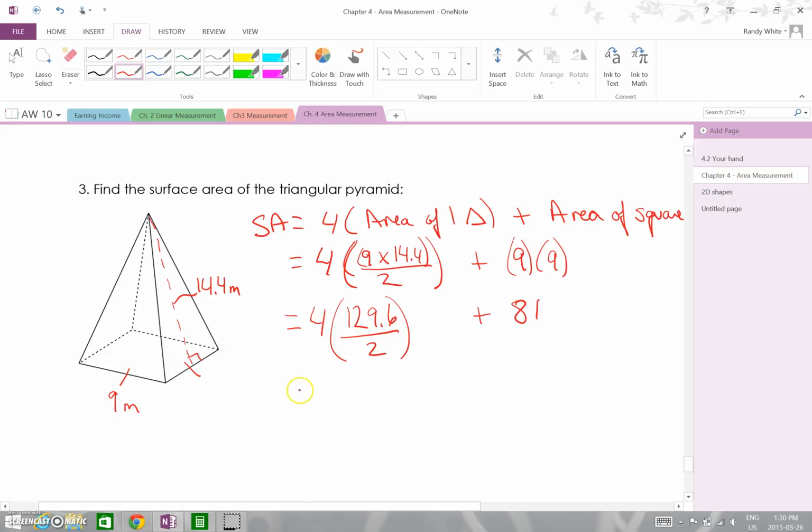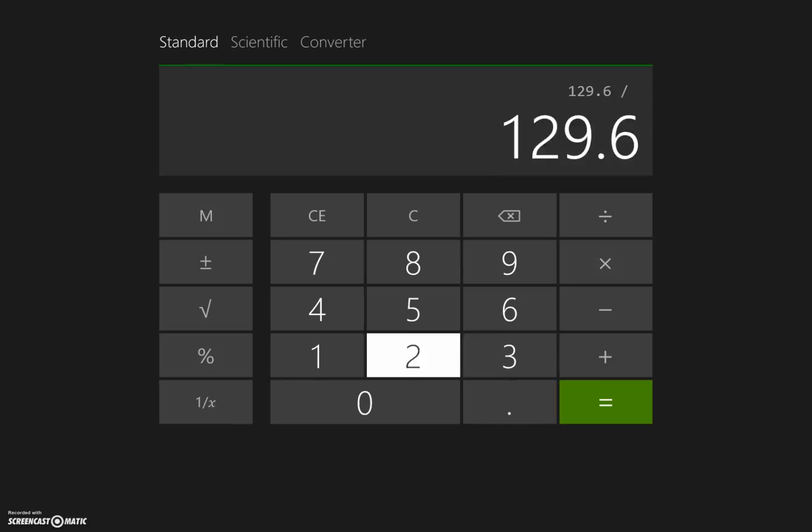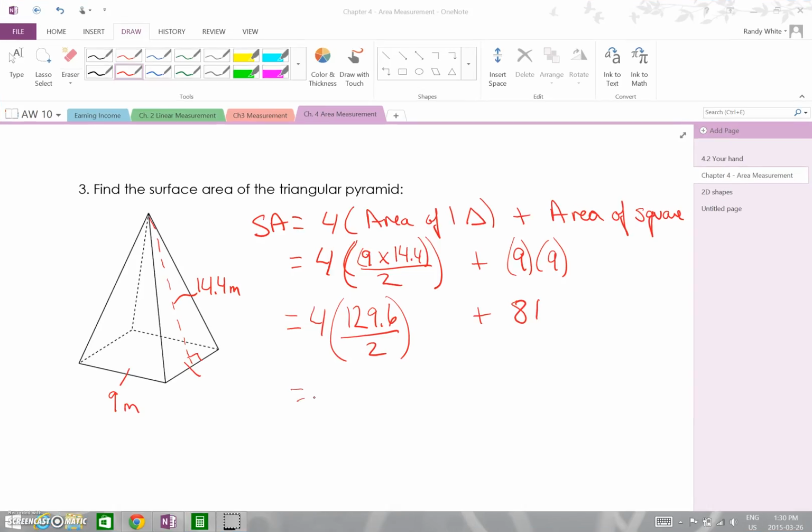So I can do a couple things. I can do that. So I'm going to divide that by 2, times that by 4, 259.2. And then plus my 81. The other way I can do it is 4 divided by 2 is 2. So I can cross this out and that out and put a 2 there.